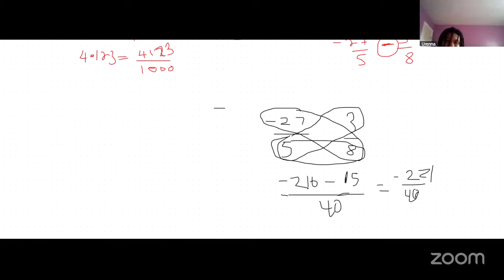Oh, I miscalculated. And that is meant to be what? 3. Very good. So minus 231 all over 40. Very good. Are you seeing this now? And this is your answer. But you know that this is an improper fraction, right?